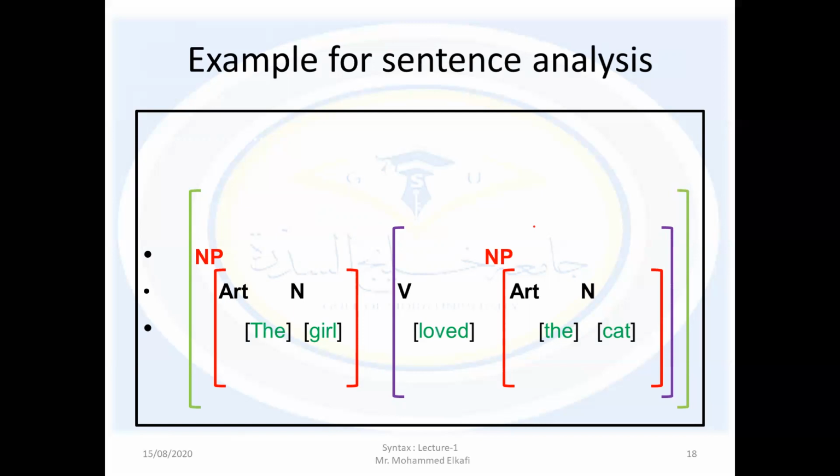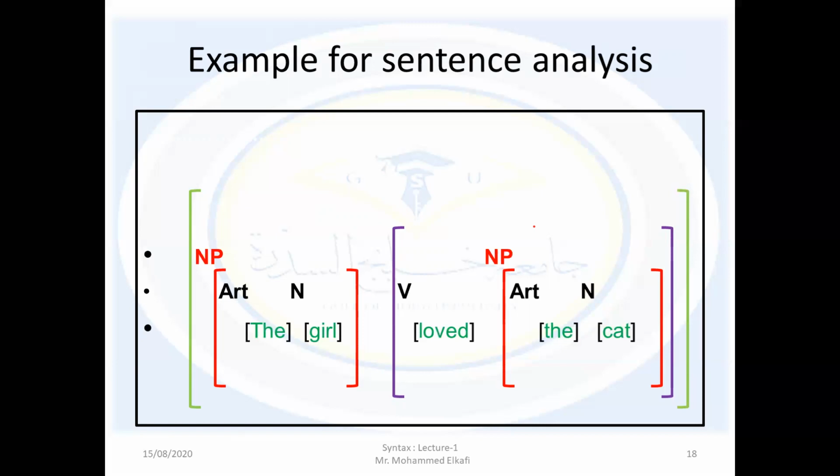The girl is a noun phrase, and it is enclosed with some other, larger brackets. And even the cat, the article and noun, is also enclosed with some other brackets. And also we'll find the label above, NP, noun phrase.